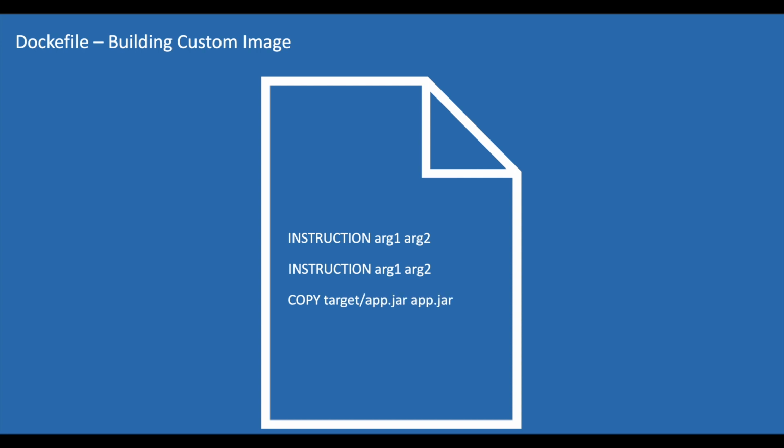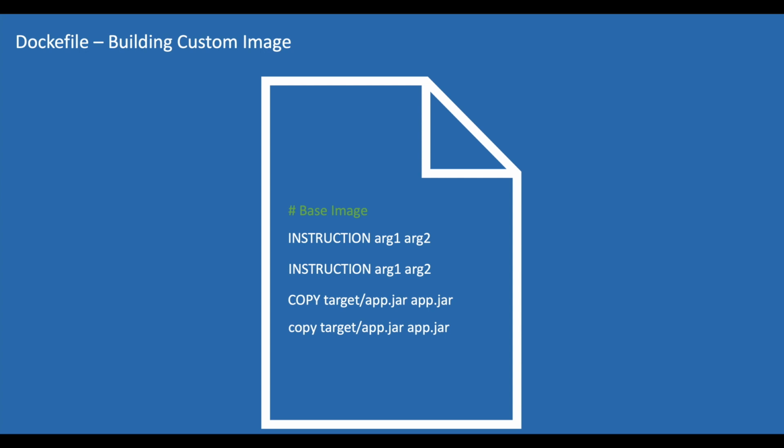This will copy app.jar, which is in the target folder of the host, to the root directory of the image. The instruction is not case sensitive, meaning capital COPY and small copy both are the same. However, the convention is for them to be uppercase to distinguish them from arguments more easily. You can also add comments for better readability with a hash.